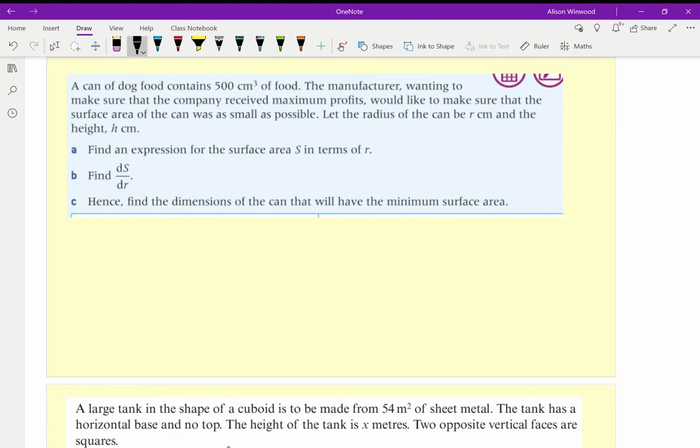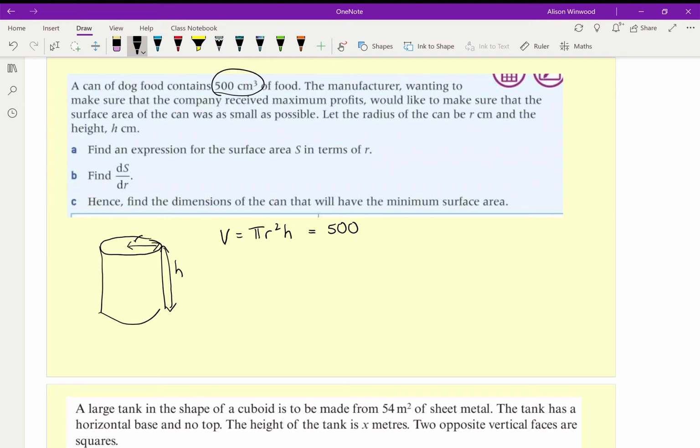So let's start with a little sketch of this can. So we know the radius is r and the height is h, and we're told it contains 500 centimeters cubed. So the volume of a cylinder is pi r squared h, and that must equal 500.